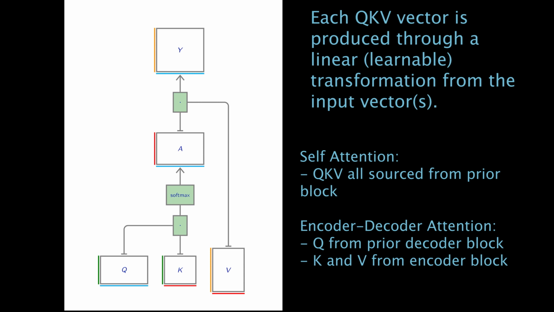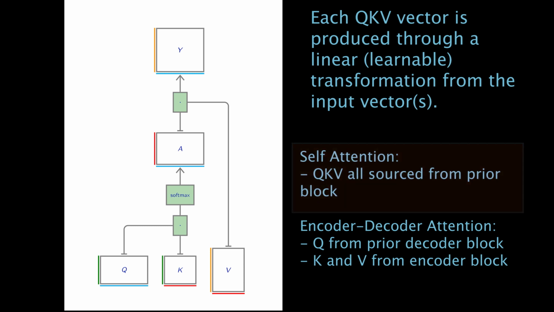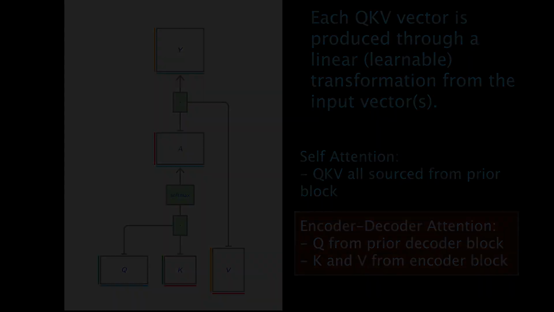To be more specific, in self-attention, all vectors are sourced from the vector provided by the prior block. In encoder-decoder attention, the Q vector is sourced from the prior decoder block, but the key and value vectors are sourced from the encoder block's output.